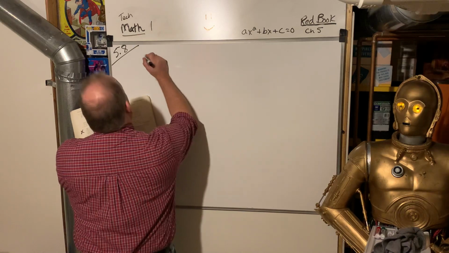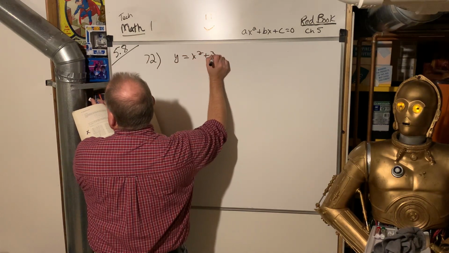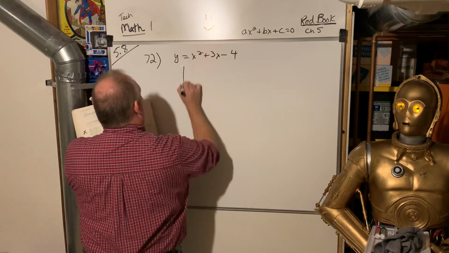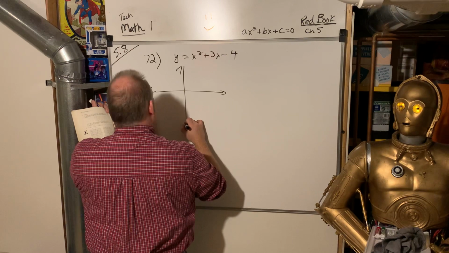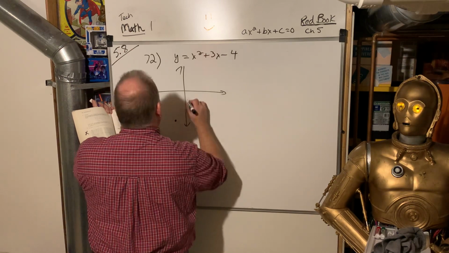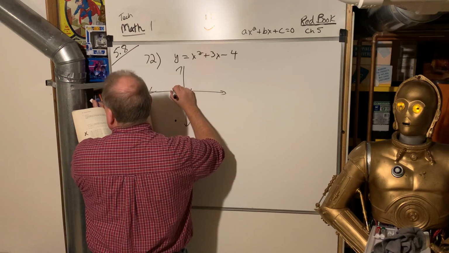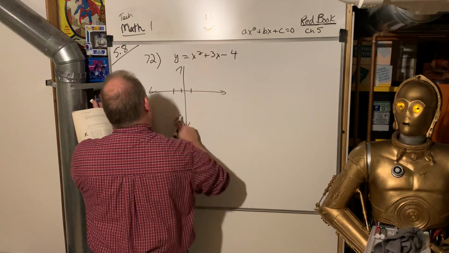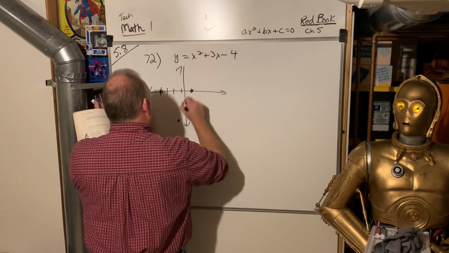So let's look at 72. There's actually two problems. We're going to graph x squared plus 3x minus 4. And they already have it graphed for us. It's just lovely here. 1, 2, 3, 4.